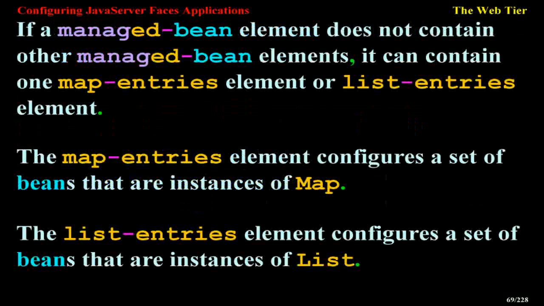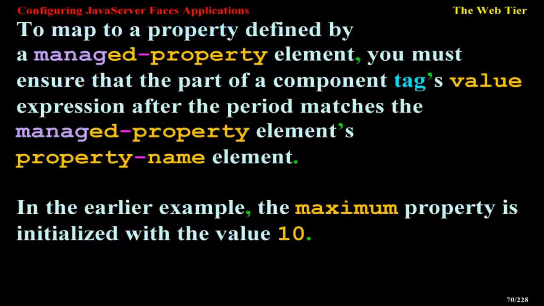If a managed bean element does not contain other managed property elements, it can contain one map entries element or list entries element. The map entries element configures a set of beans that are instances of Map. The list entries element configures a set of beans that are instances of List. To map to a property defined by a managed property element, you must ensure that the part of a component tag's value expression after the period matches the managed property element's property name element.